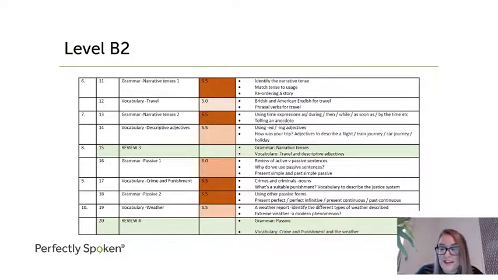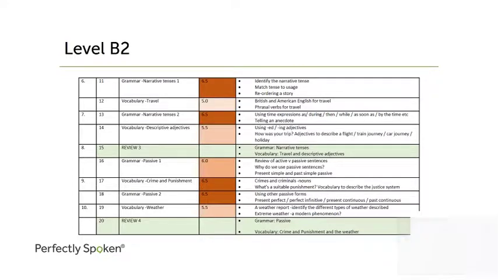The vocabulary in this part here is going to be focusing on crime and punishment, thinking about describing different types of crimes and criminals, the justice system, and a discussion on suitable forms of punishment.